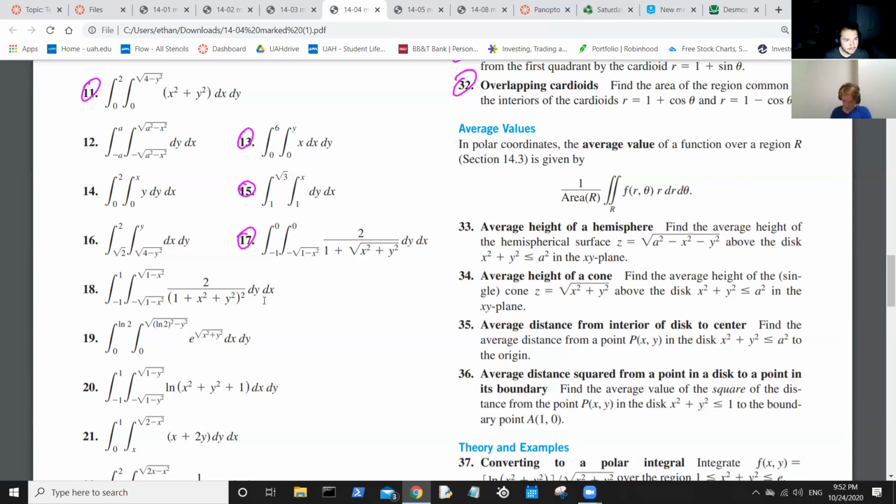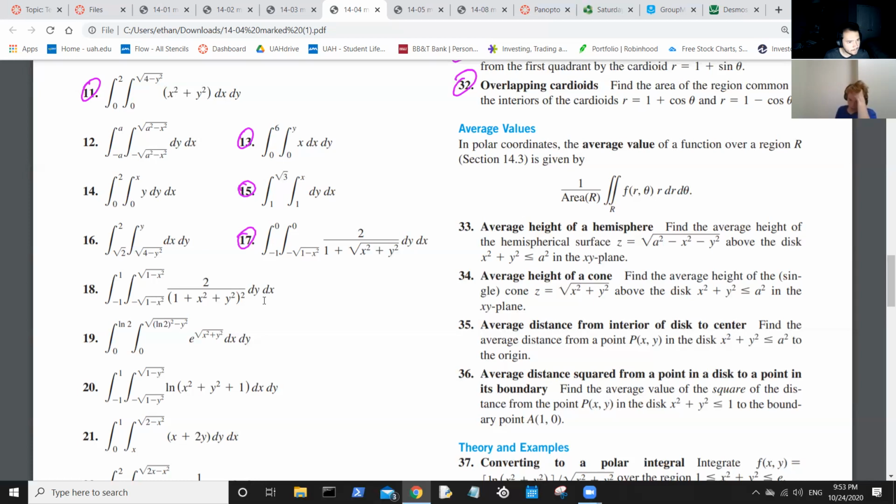That looks like 1 minus r squared cosine squared, as a square root. Doesn't that produce r squared sine squared or something on the other side? What does that translate into? Because I can kind of see what that's going to look like.